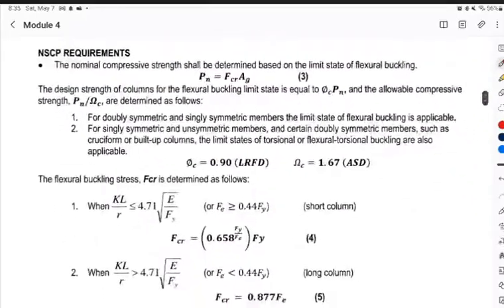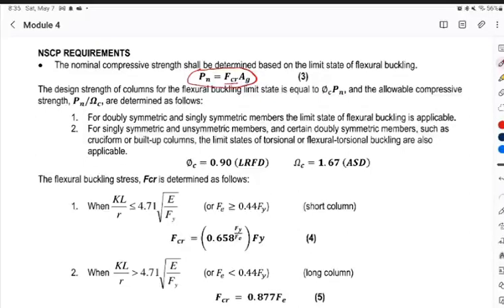Now, what are the requirements by the National Structural Code of the Philippines? The nominal compressive strength shall be determined based on the limit state for flexural buckling. Okay? At anong sinasabi doon? The nominal load will be that equal to our critical buckling stress, FCR, multiplied by the gross area.